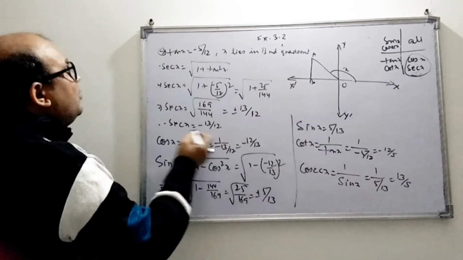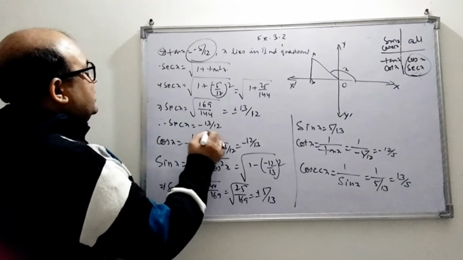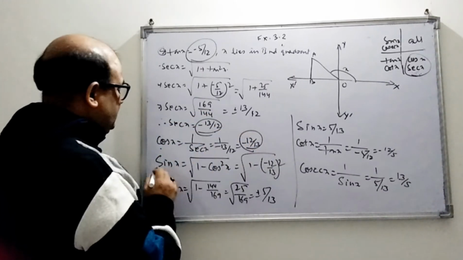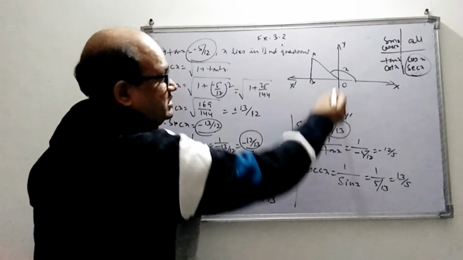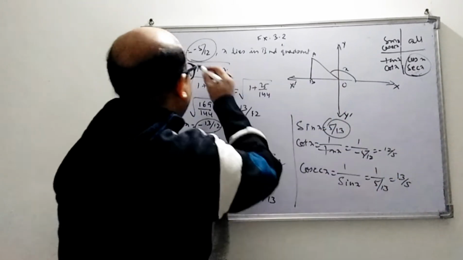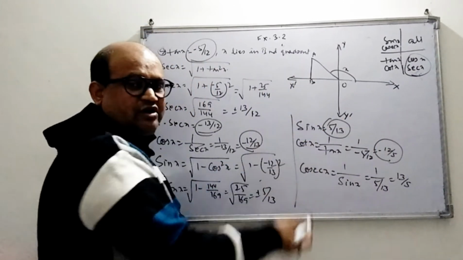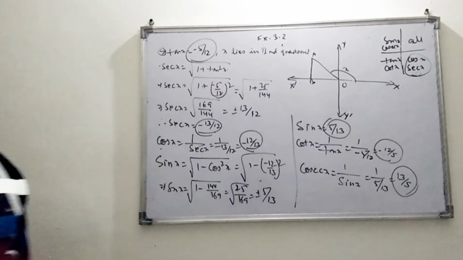So in the second quadrant, if tan x equals minus 5 by 12, then we get sec x equal to minus 13 by 12, cos x equal to minus 12 by 13, sin x becomes 5 by 13, sin x is positive, cot x is the reciprocal of tan x, minus 12 by 5, and cosec x is the reciprocal of sin x, that gives you 13 upon 5.